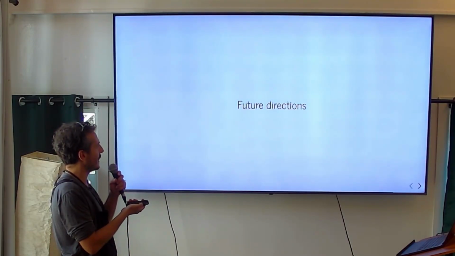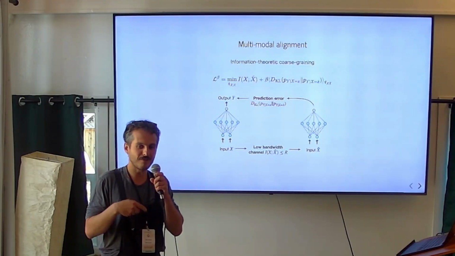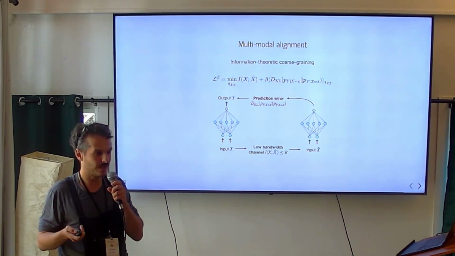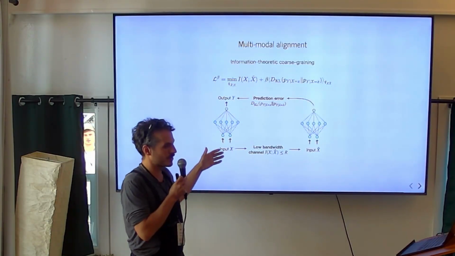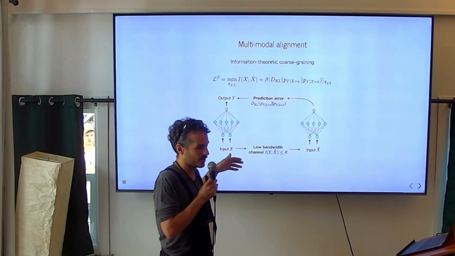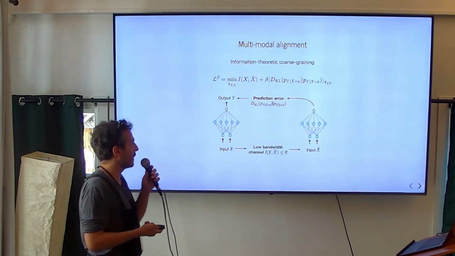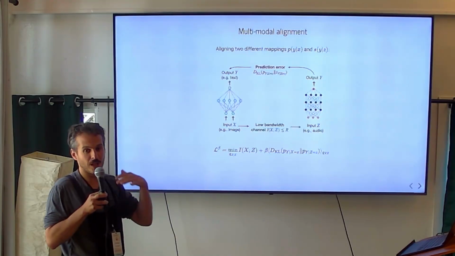I'll just mention I have very few things left to say. Once I start thinking about this, there's maybe an interesting way to extend this. I talked about mapping from coarse-graining one walker to other locations of the same walker, but we can think about this as two different models and use this to align them.